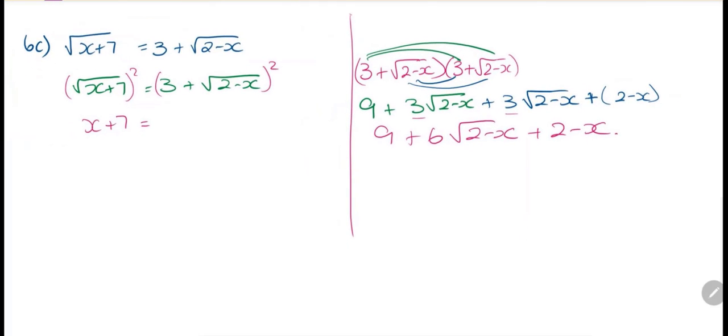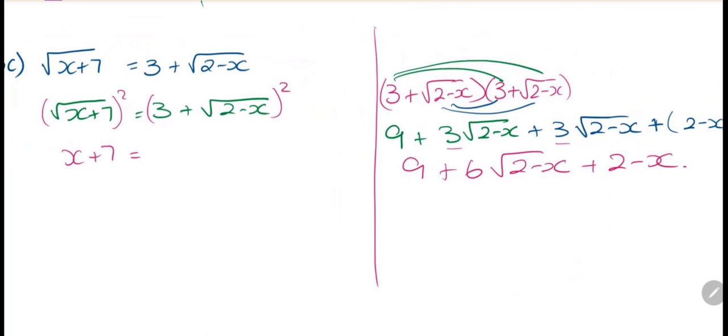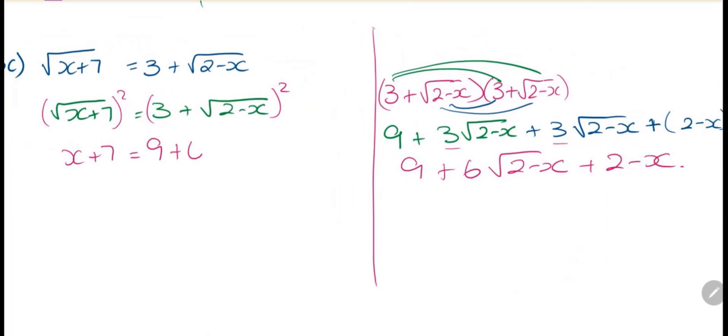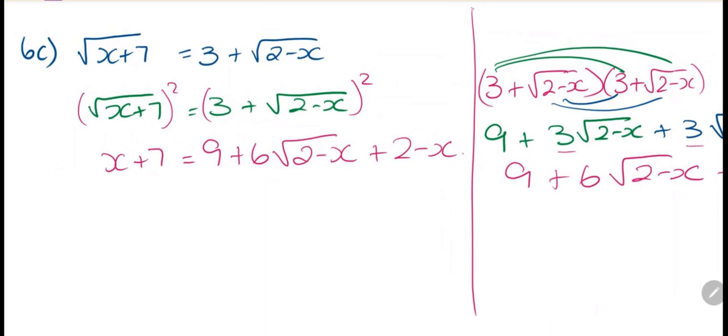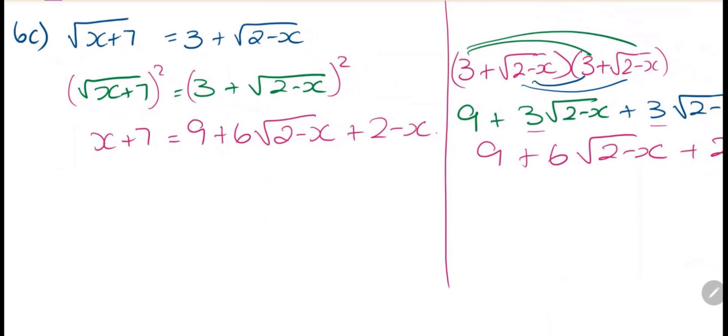And I'm just going to write this on this side here. So we've got 9 plus 6√(2 − x) plus 2 minus x. Now we're going to put everything on the same side. So I'm going to minus 2 and add x from this side, and I'm going to minus 9.